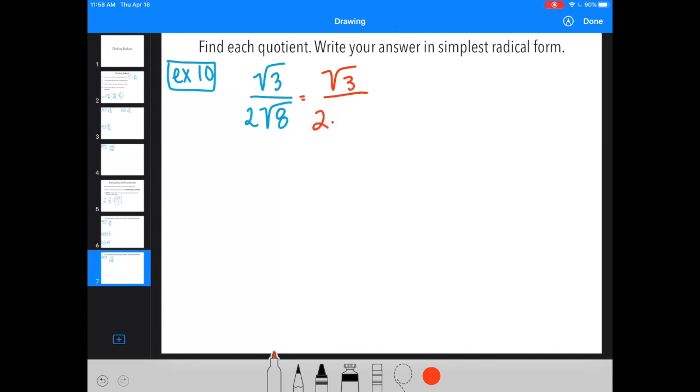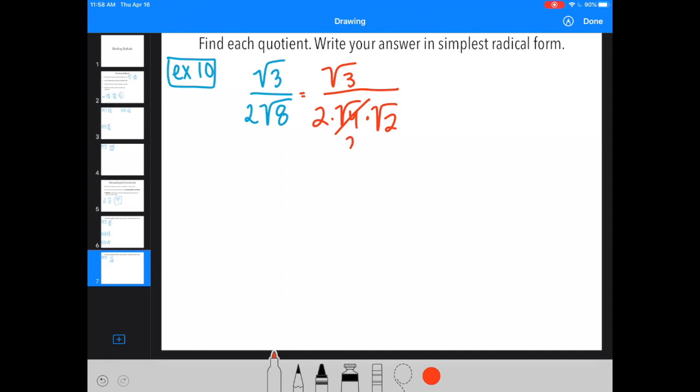So I'm going to break this up into square root 3 over 2 multiplied by square root 4 multiplied by square root 2. That square root of 4 simplifies down to 2, leaving me with 2 times 2. So that will finally simplify down to square root 3 over 4 square root 2.